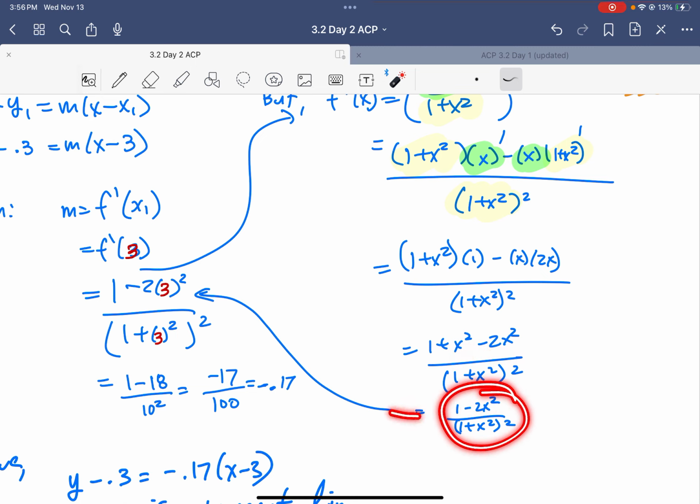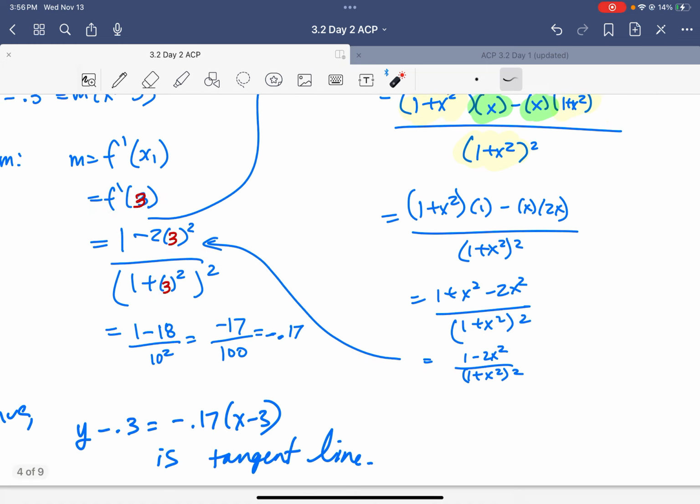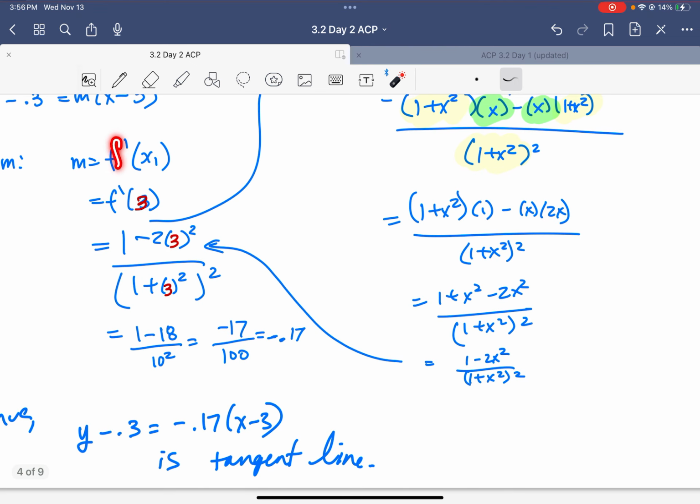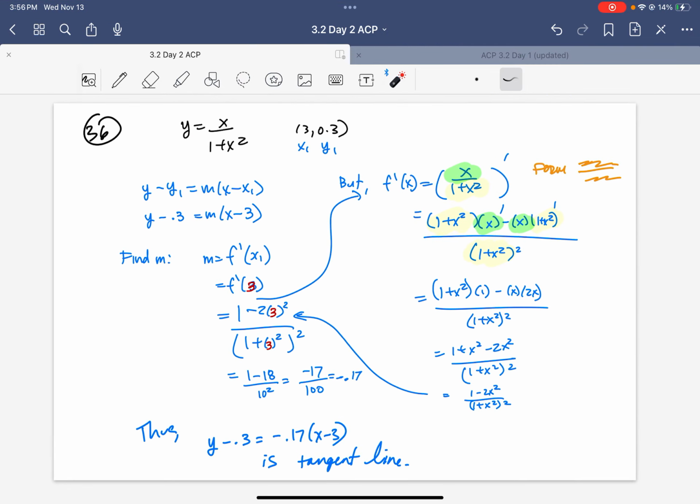So that's my derivative. So if I then take my derivative and plug in 3 for x, you're going to end up getting negative 0.17. So that means since the derivative at my point is negative 0.17, that is the slope of the tangent line at that point. So that is my tangent line.